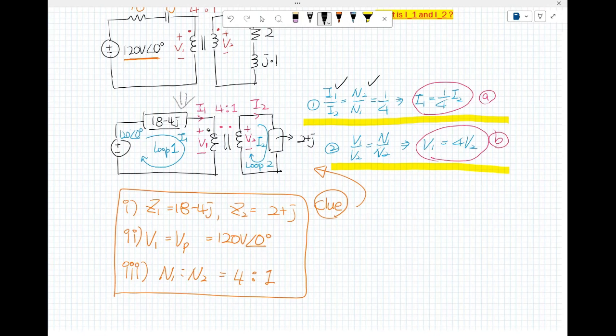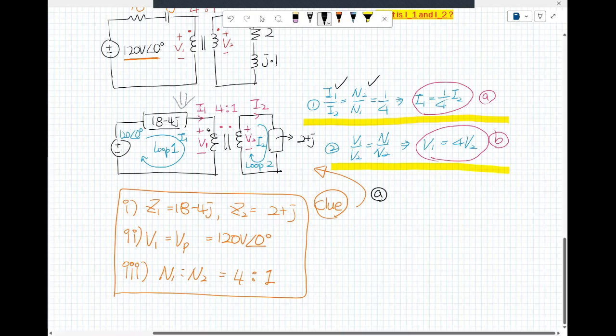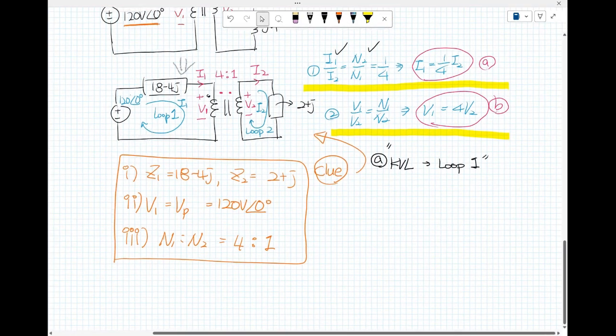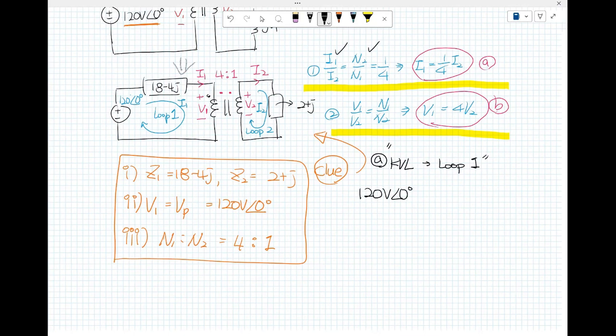So now, to the next slides, we have to apply KVL, Kirchhoff's voltage law, loop 1 here. 120 volt angle 0 minus the 18 minus 4j times I sub 1 minus V sub 1 is 0.